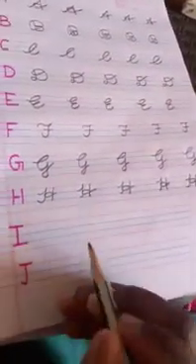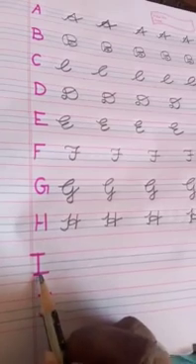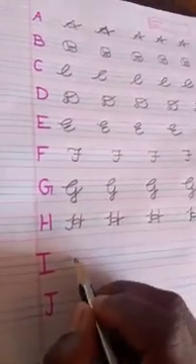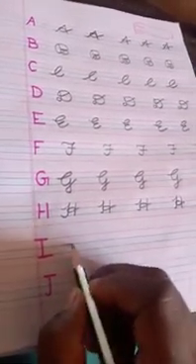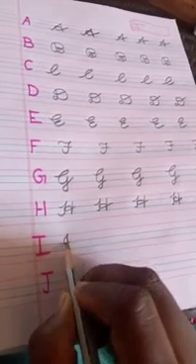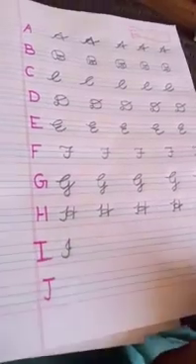Next, this is an important letter of the alphabet. You have to write it carefully. So listen carefully. In this second line of the 4 lines, you have to start like a lamp and then finish with a curve.